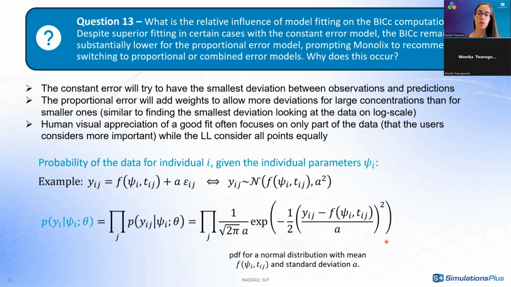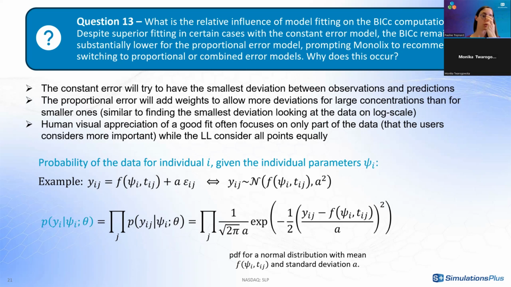This means that the constant error will try to have the smallest deviation between the observations and the predictions, while if you replace a here by the proportional error, it will add some weights to allow more deviations for large concentrations than for smaller ones. You could say that it is similar to finding the smallest deviation looking at the data on log scale, so putting more weight on the lowest observations. That's why you can have a difference between what you expect and the result that you actually get.